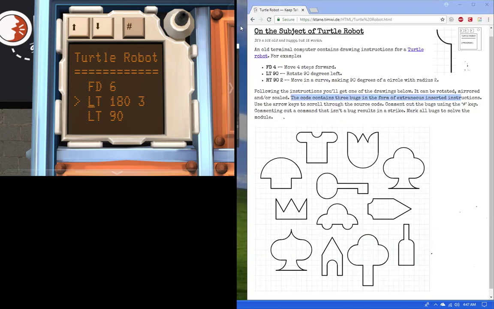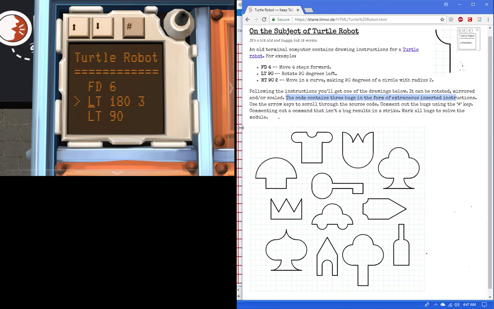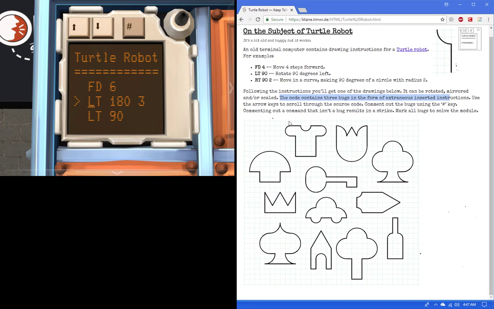So now I'm just going to look at the manual and say, okay, I know where my initial direction is. So we just finished LT 183. So we're facing this direction and whatnot. Then the next one is LT 90. It's like, okay. And the next one's forward 3. Comment out LT 90. Okay.